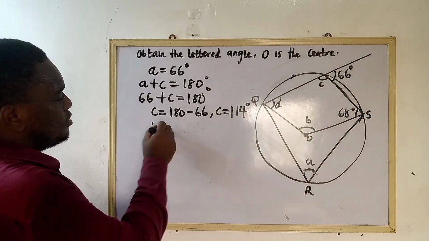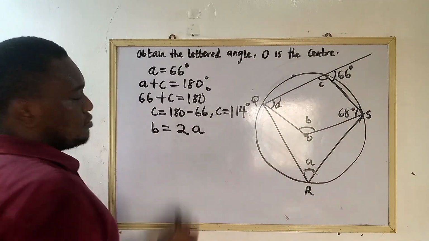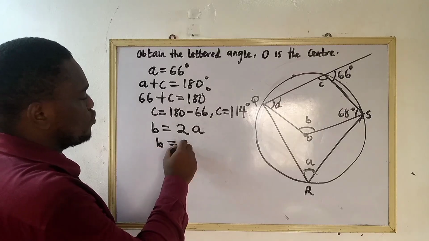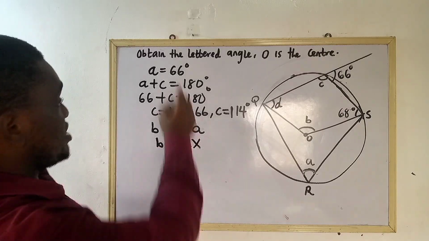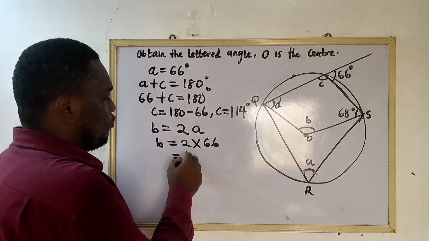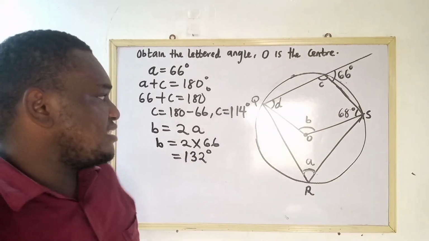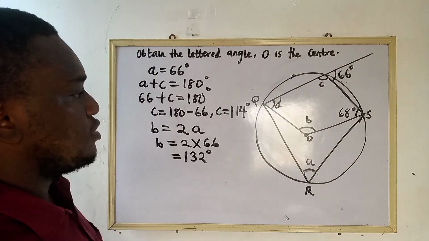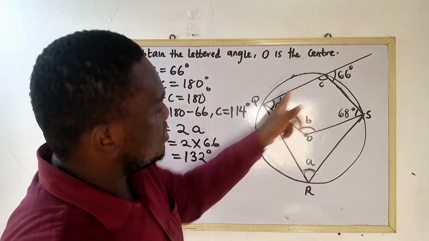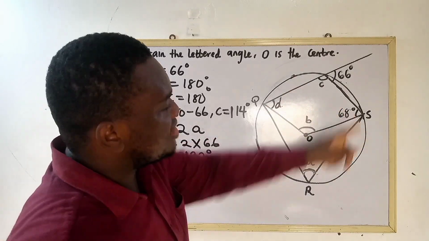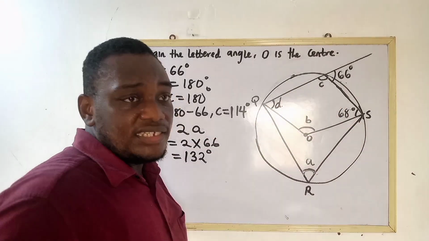So B is equal to 2A. B is equal to 2 times, where is A? Okay, 66, 132 degrees.